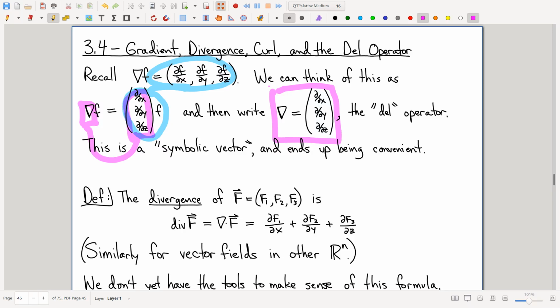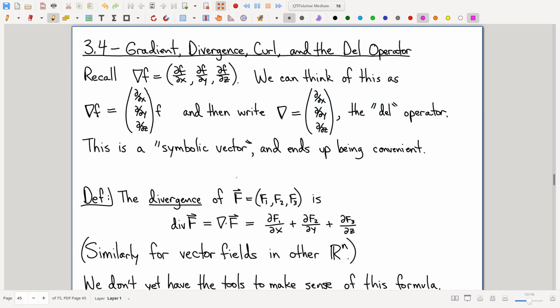That's the gradient. The gradient's in blue. This thing in purple, not the gradient. Another common mistake that I see students make a lot is to just call it the gradient. But it's really importantly not. So you've got to resist that temptation. The name that we commonly use for this is the del operator. And it's a very convenient notational choice.